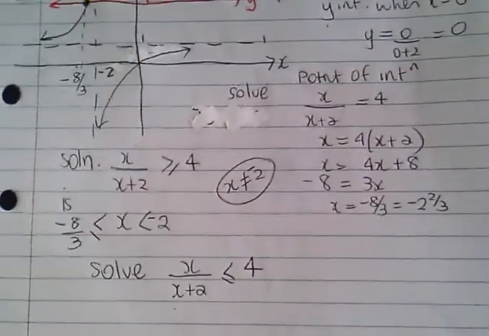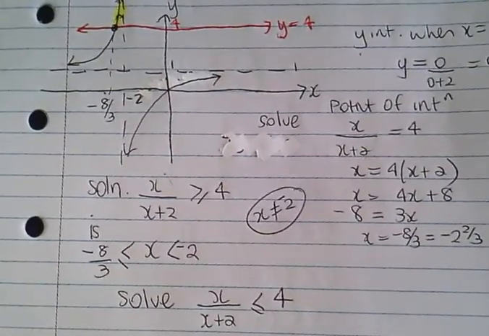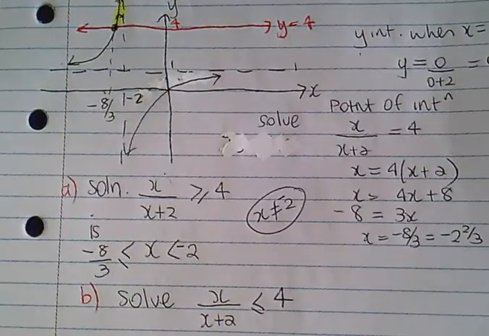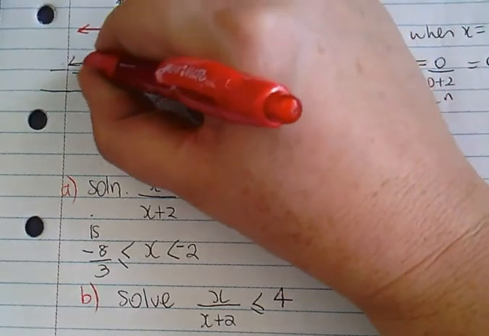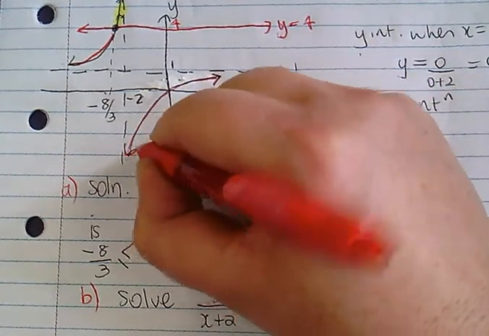Now if I asked you to solve x over x plus 2 is less than or equal to 4, we've done all the work. You tell me where the graph is below the line y equals 4. I'm going to call this part A, part B. So I need all of this now and all of that.